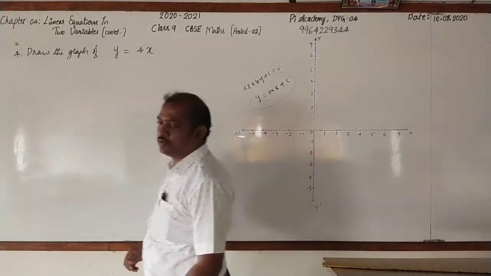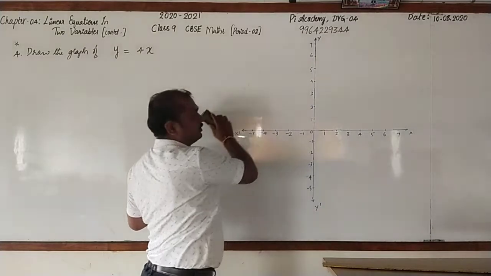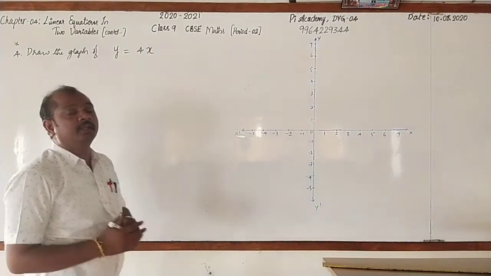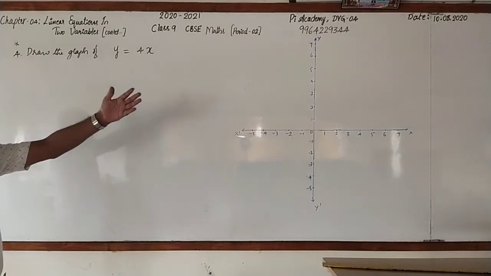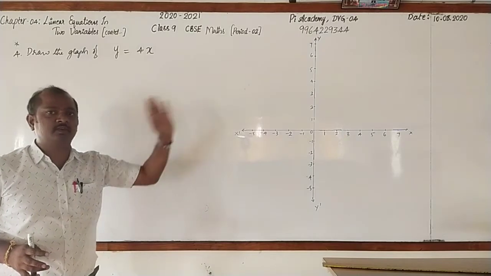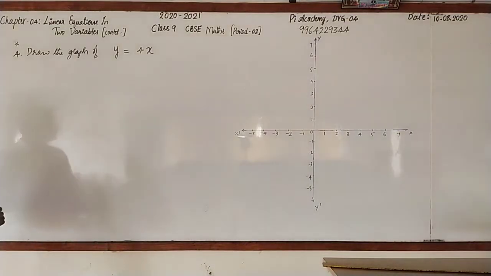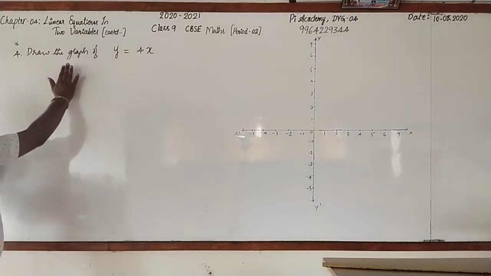Now let us come to know the nature of the graph of the equation and also whether it intersects the x and y axis or not. If it is in the form ax plus by plus c equal to 0, then it will intersect x and y axis. But for this, we need to draw the graph, and please go for writing the question.